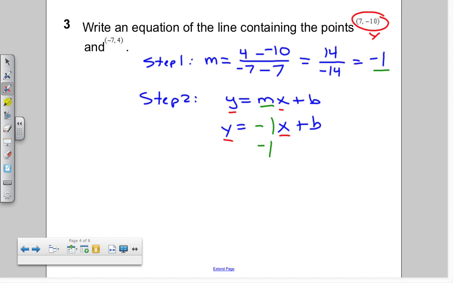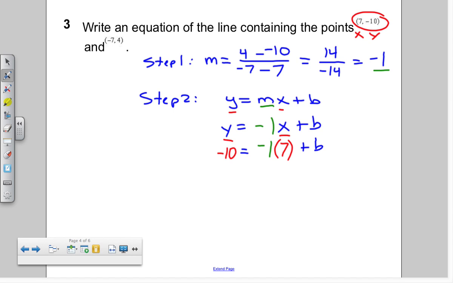So the y-coordinate of that is -10 and the x-coordinate is 7. So I replace y with -10, I replace x with 7, and I put parentheses around the 7 to remind me that it's m times x, or -1 times 7.